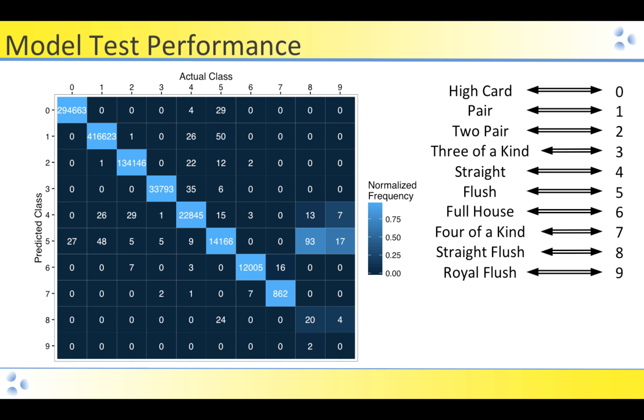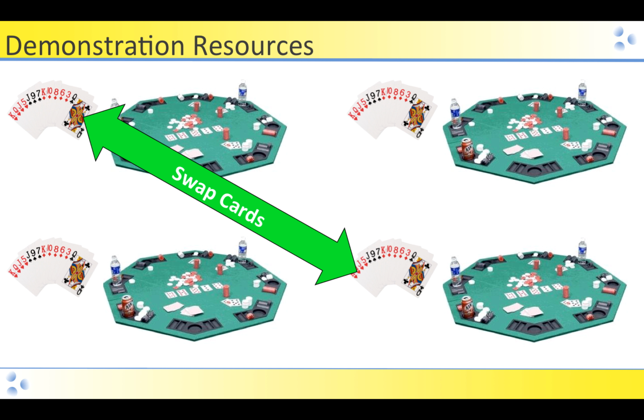So it's not super surprising that 8 and 5 and 9 and 5 would be confused with each other, and then 8 and 9 also would be confused because the royal flush is just one specific instance of a straight flush. So these are also fairly infrequent hands, and so the fact that they're not scored as accurately is not a big deal because they're not going to happen very often.